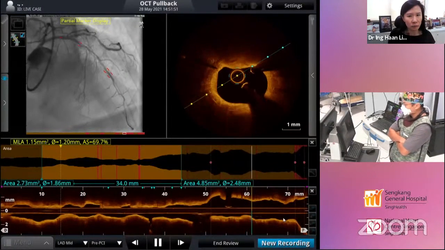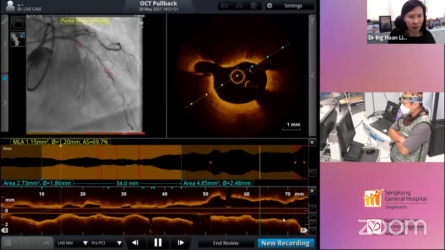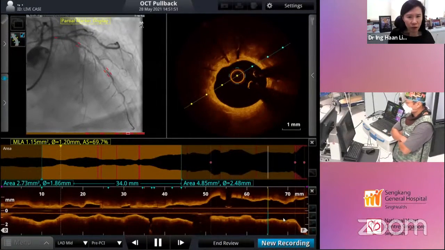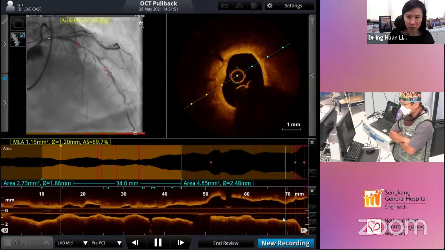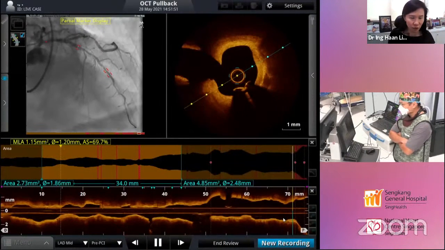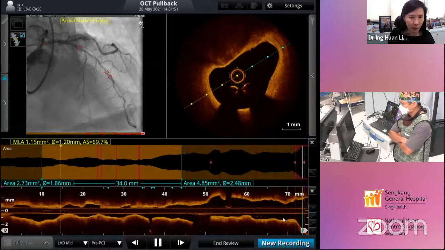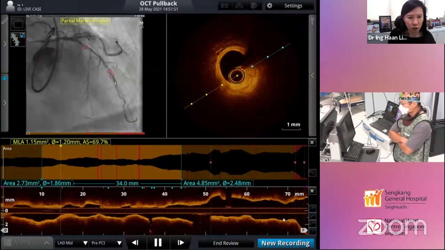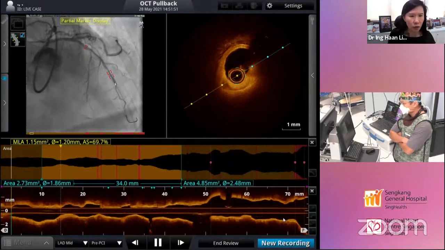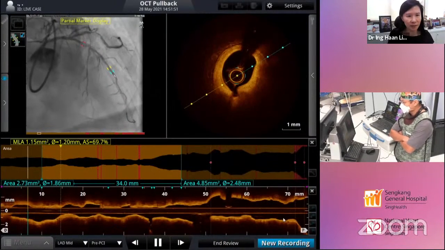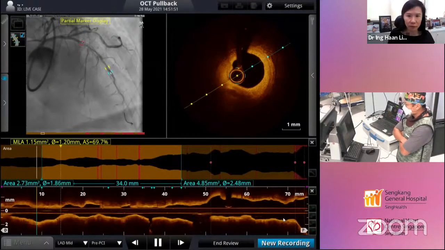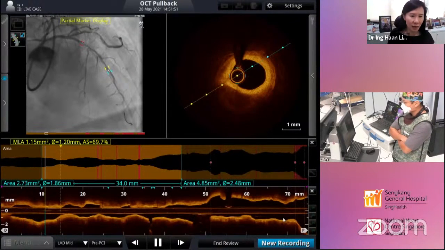And the guide support chosen for this case was EBU 3.5, which I think is sufficient. It's a 6-French system. I don't think we need anything more than a 6-French at this moment. So the fact that we can actually pass the OCT catheter down predicts that probably we'll have no problem passing down balloons later on, and whether we can pass stents down depends on how we prepare the lesion.